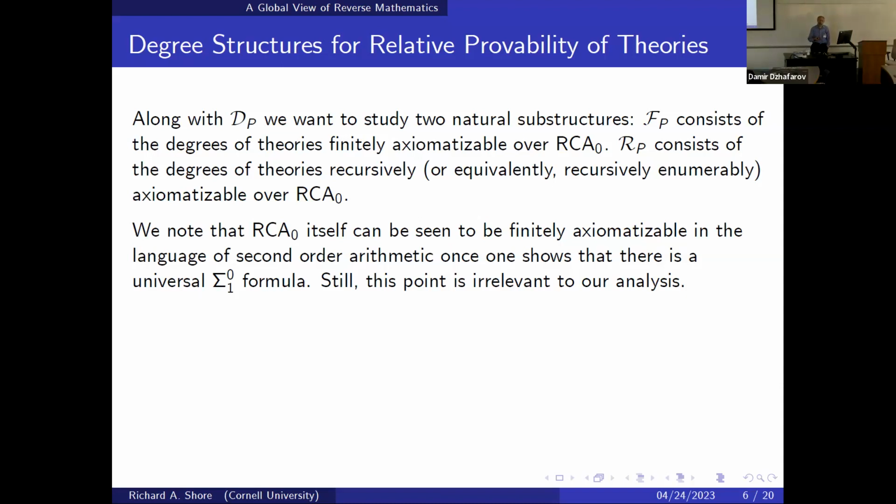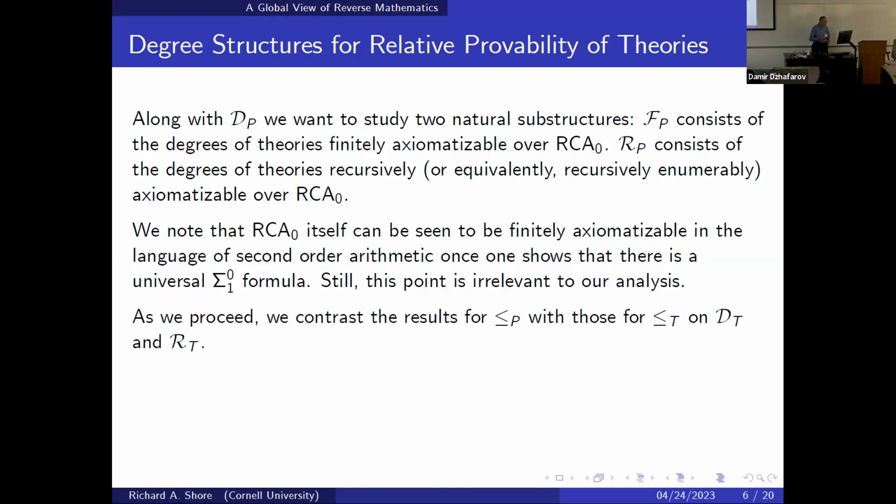So someone asked about recursive RCA naught, and I said, oh yes, it's finitely axiomatizable in second order arithmetic, which is not hard to see once you develop enough of the Turing machine machinery, but it plays no role in what happens next. But it seems to be bothering people.